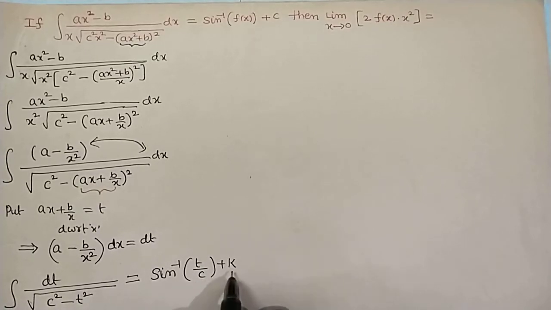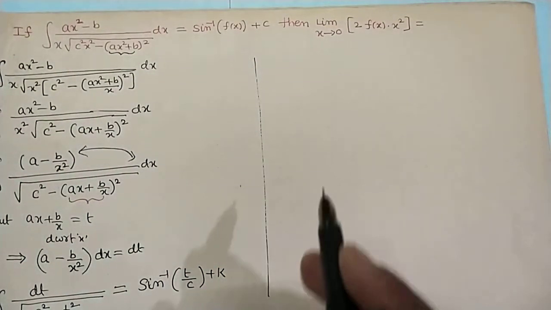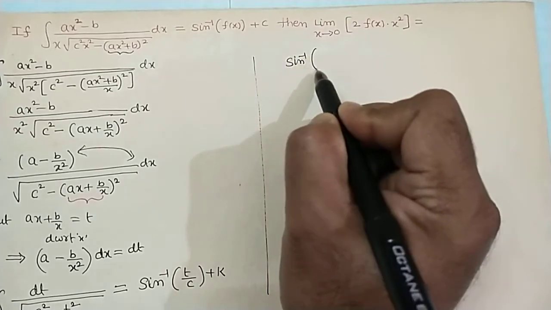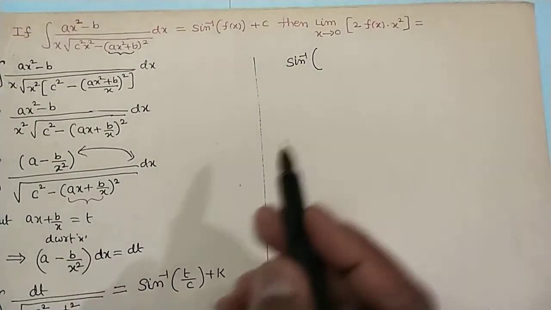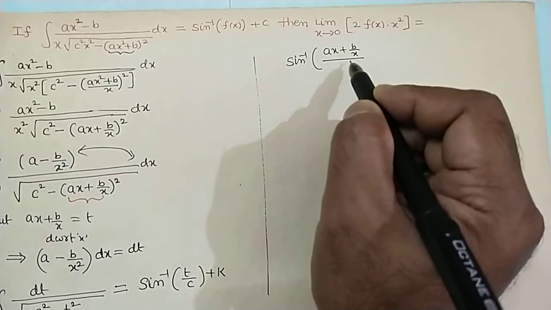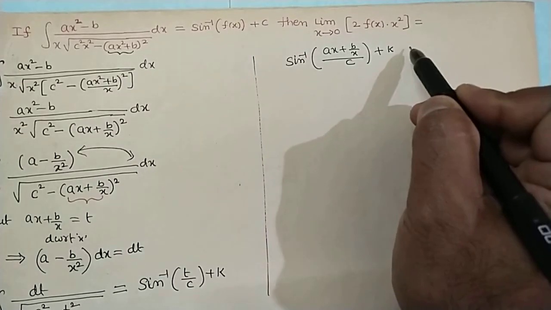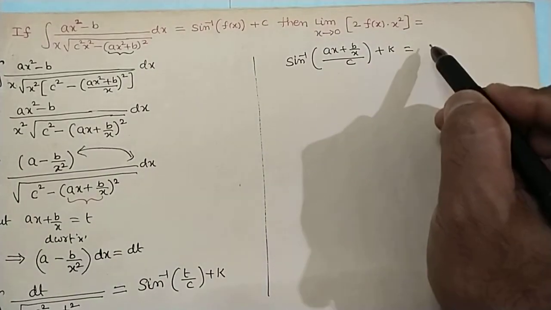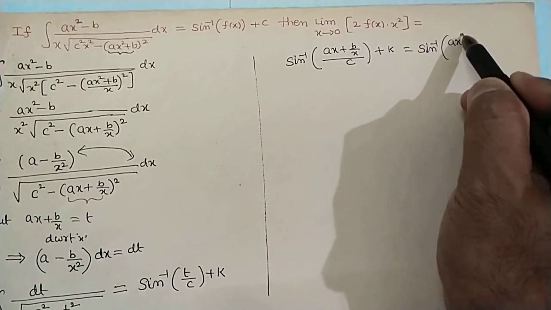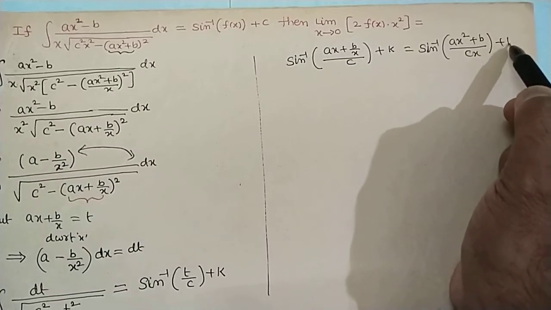Here already c is there, so I am taking k. Now what is t here? We assumed t is ax plus b by x, so by c plus k, which simplifies to sine inverse of (ax square plus b) by cx plus k.